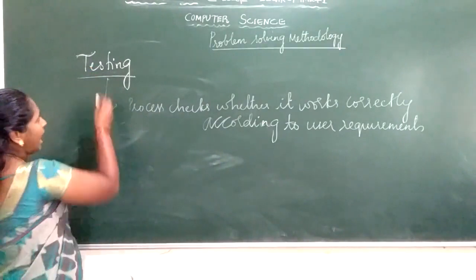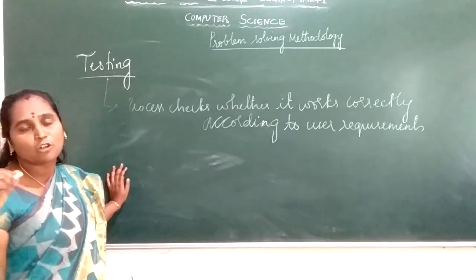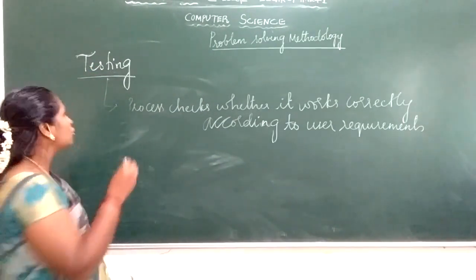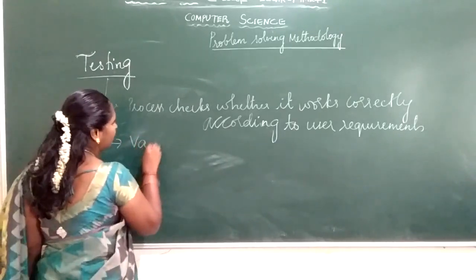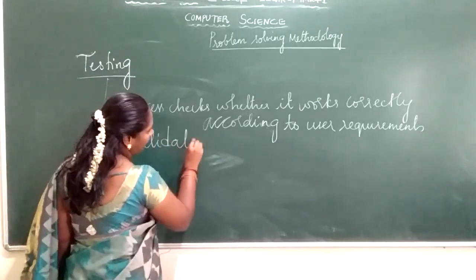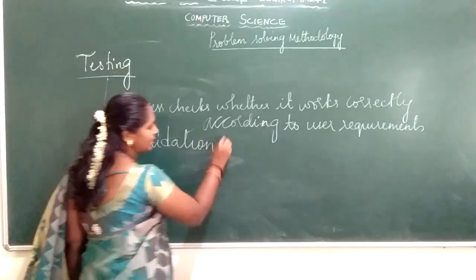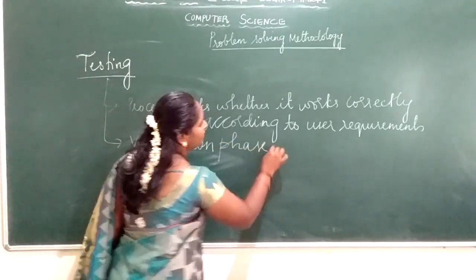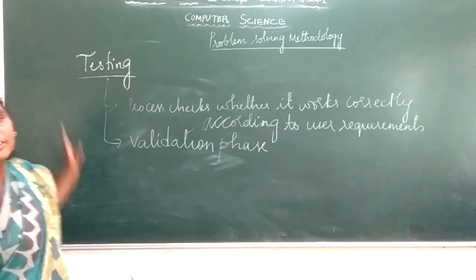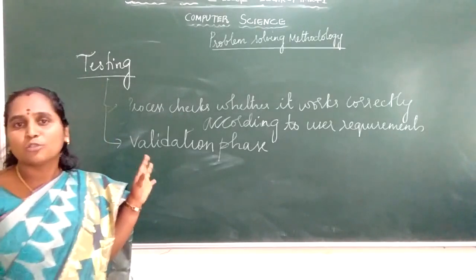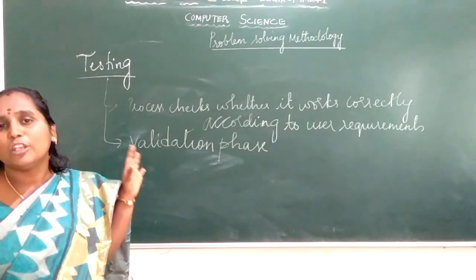In debugging, it is also called verification. In testing, it is also called validation. The testing phase is also called the validation phase. Once again, testing is nothing but checking whether the program works correctly according to the user requirements.